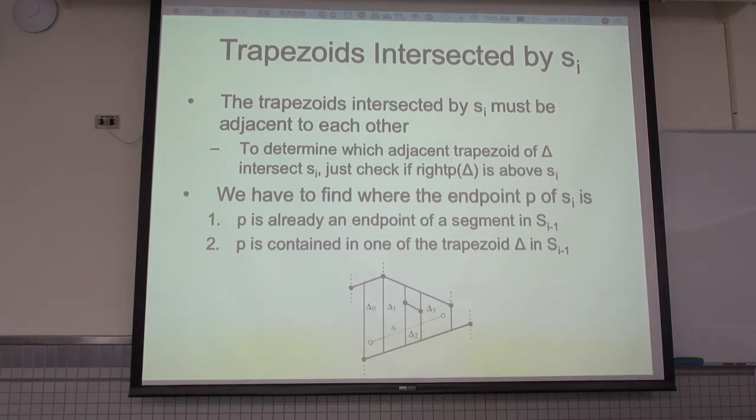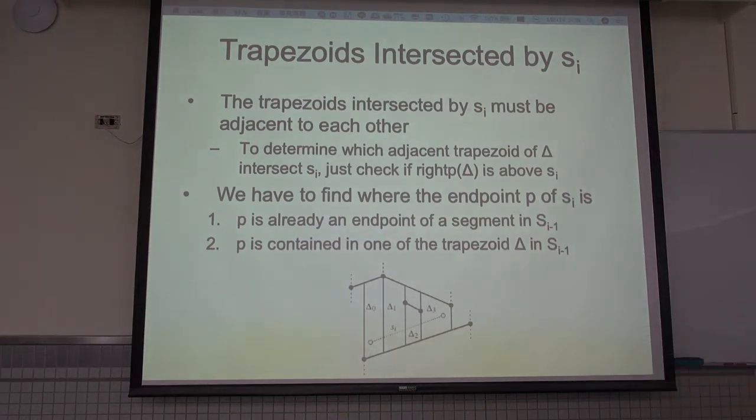You may say, hey, wait a moment. The problem here becomes finding the trapezoid which contains a particular point. This problem is identical to the problem we want to solve, right? Previously we already added S1, S2, up to SI minus 1, and that data structure is searchable already.